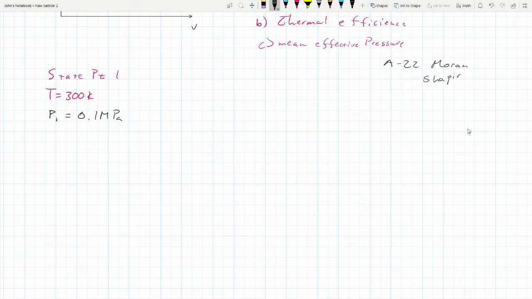Either way, we are using a table from the Moran-Shapiro book, 8th edition. This table, doesn't matter what the edition, is the same for any table, or any engineering table.